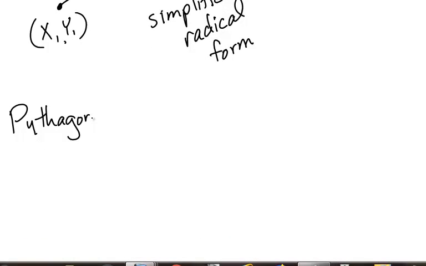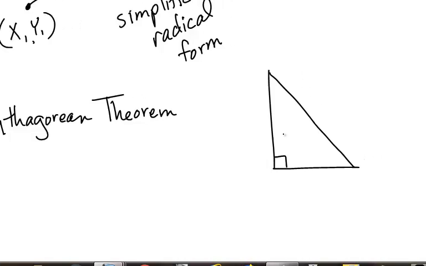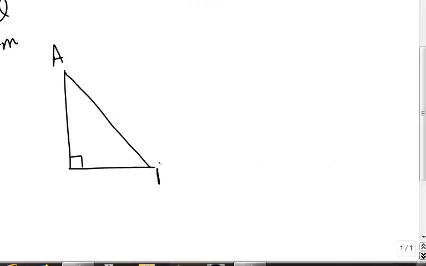Okay, and the last thing in this section, Pythagorean theorem. You see that over and over and over again. If they give you a right triangle, and remember, just like in geometry, they'll always use uppercase letters for the angles, lowercase letters for the sides, and it would be a squared plus b squared equals c squared.